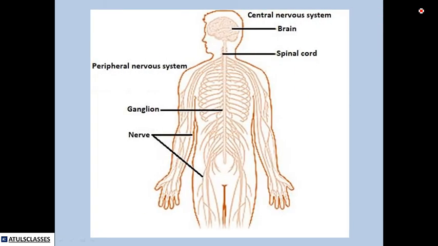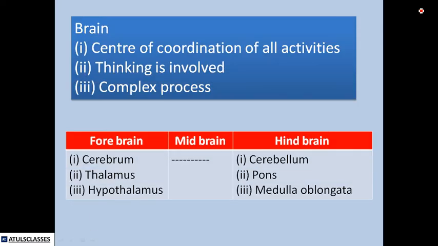Here it is also very nicely described: different ganglions and nerves perform functions and make the peripheral nervous system, and the central nervous system has only the brain and spinal cord. Now we are more concerned with the first part, that is the brain.